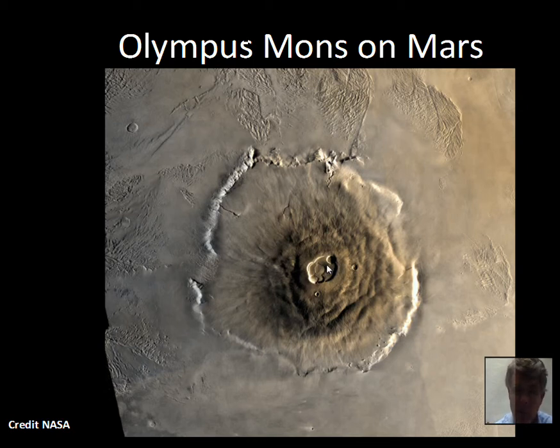When it cooled off, we get the craters at the top as the lava sinks back into the dome of the volcano. The volcanoes are up above the average surface level, and then we get these craters at the top from lava that cools off.